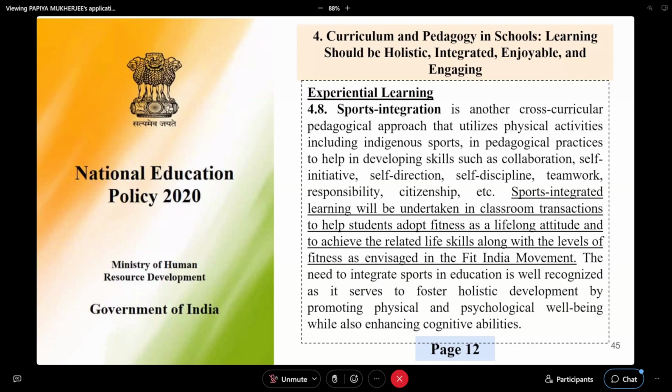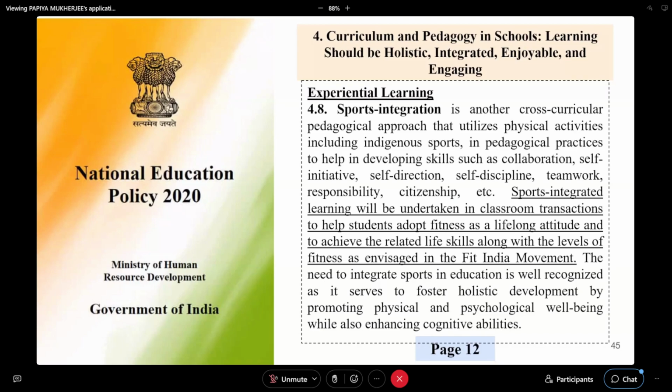When we talk about sports integrated learning, like art integrated learning, sports integrated learning is also a cross-curricular pedagogical approach where physical activities, games, and sports are used in pedagogical practices to help develop several life skills such as self-discipline, teamwork, responsibility, citizenship, developing self-initiative, collaborations, so many of them.